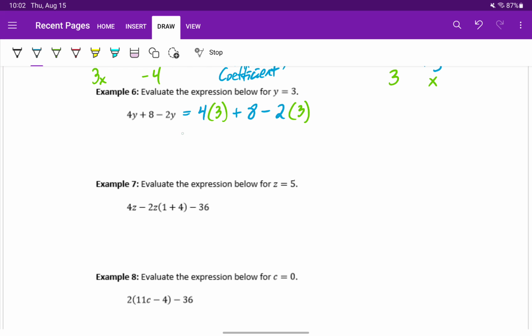And from there, we'll follow order of operations. So we'll multiply 4 times 3 to get 12, plus 8 minus 6, and then we'll just complete addition and subtraction from left to right. Completing those two steps will give us a final answer of 14.